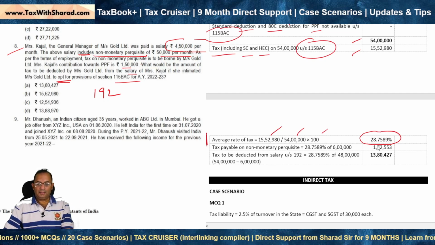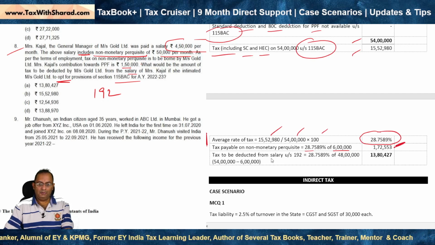So to match, I have taken it till 4 decimal places to be as accurate as possible. So 28.7589%. Now tax at this average rate on 6 lakh, which is 50,000 per month of non-monetary perquisites, needs to be borne by the employer.